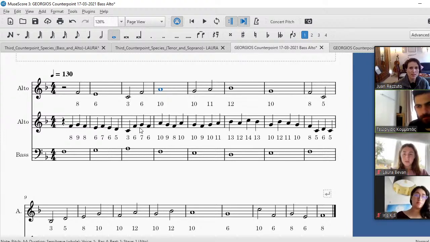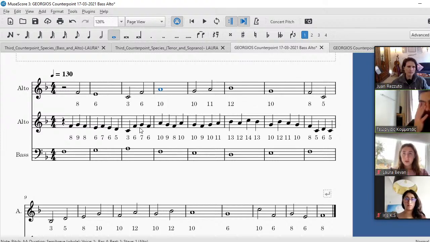You will have to take into account the first and the second species first. You will do something different. So that's the whole point, because when you do the third species, you have to build layer upon layer upon layer.